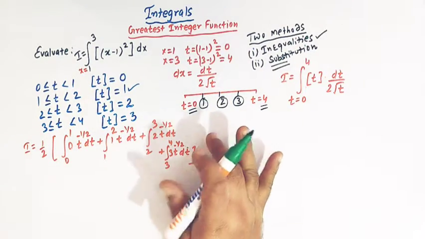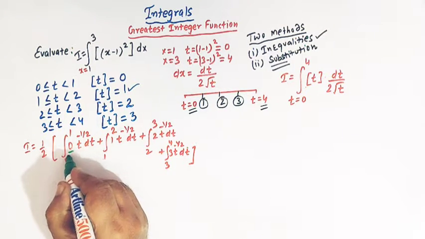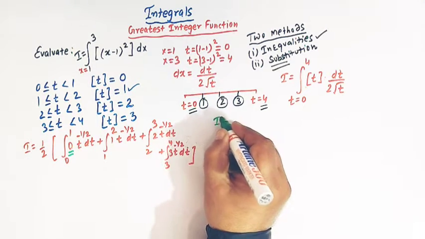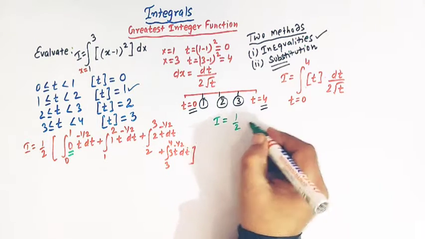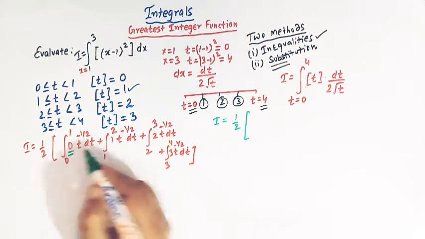So now we have this situation. Now see here we have 0, so the value of this integral is 0. So we can now write half, and here we have 0, so this integral disappears.